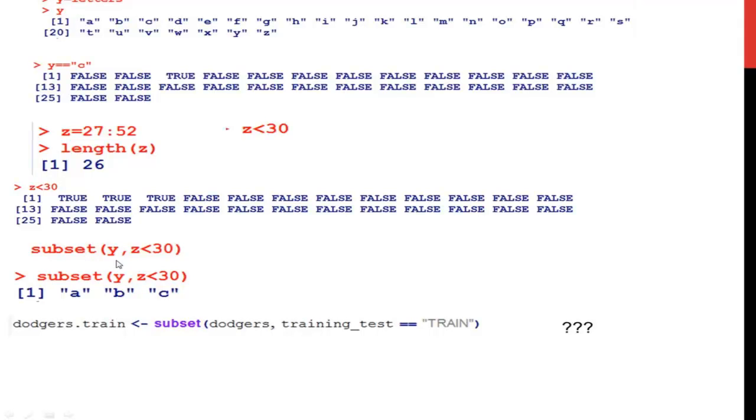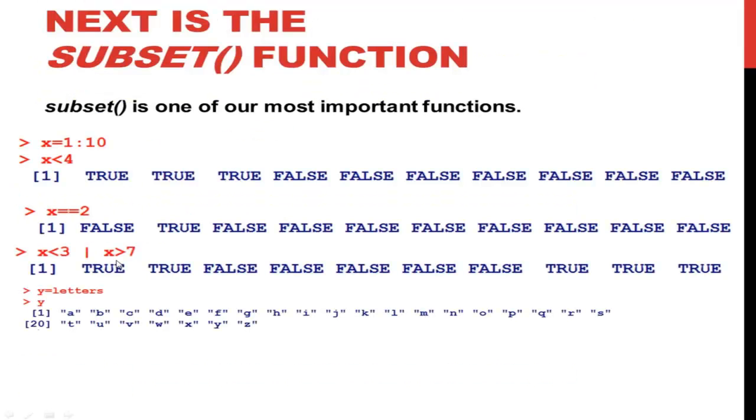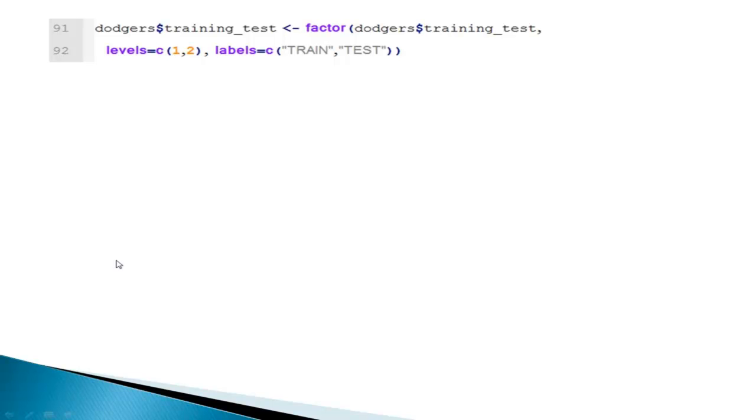And what's this going to do? Training test. We've gone sort of far away from training test, so we don't remember what that is, right? Let's go back and see it. It's a factor. Training test is a factor, right? But it came from where?